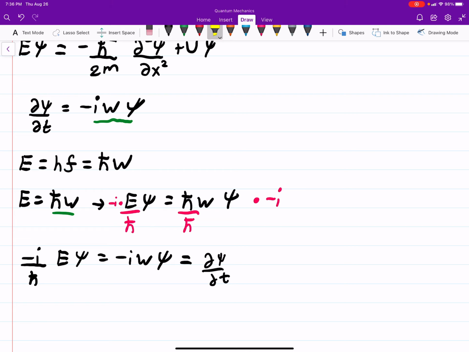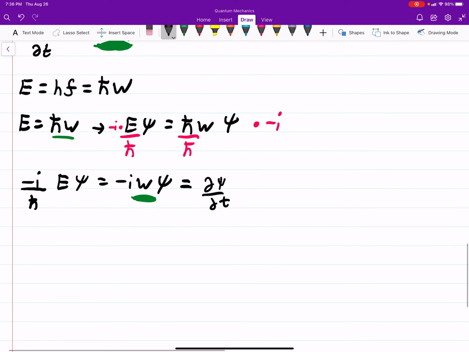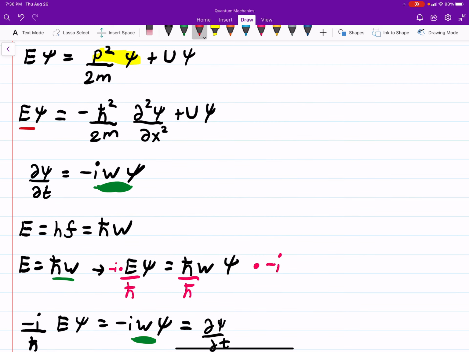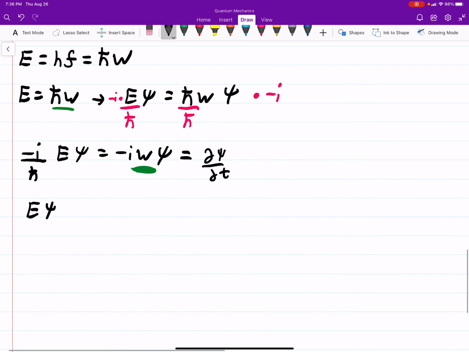That is from here. We can see this part and this part. Okay. So now with that, I'm going to solve for E times the wave function. I'm doing that because that's what we have here.